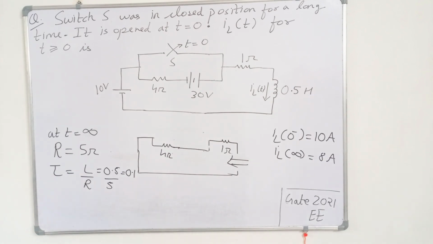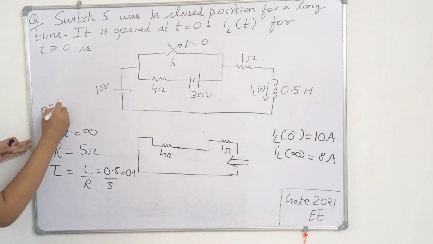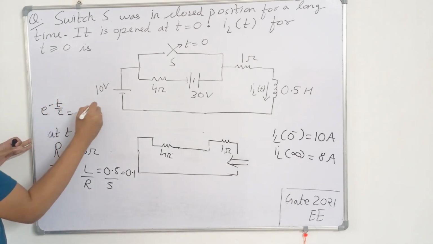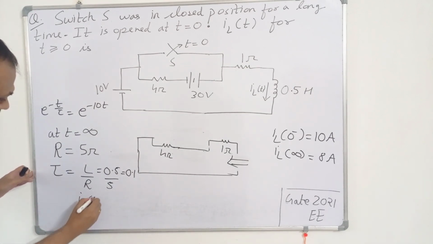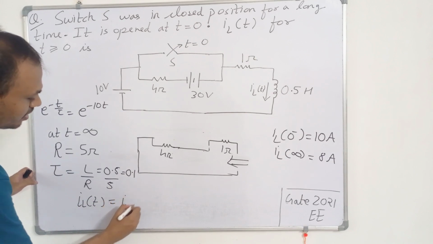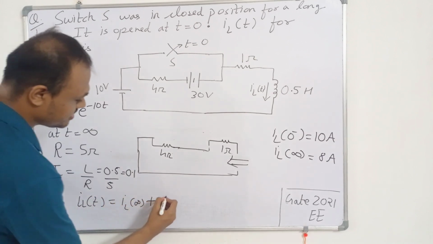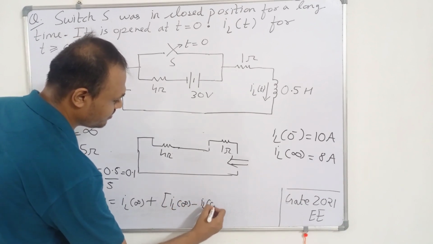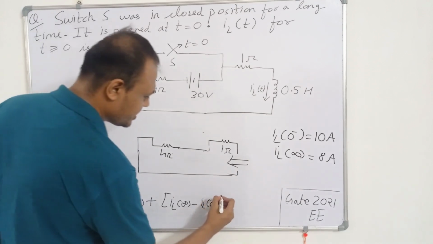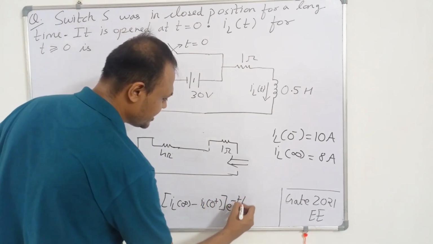So e to the power minus t by tau is equal to e to the power minus 10t. So IL of t, the formula is IL of infinity plus IL of 0 plus minus IL of infinity into e to the power minus t by tau.